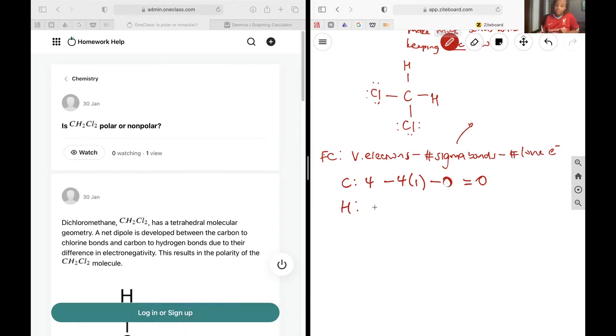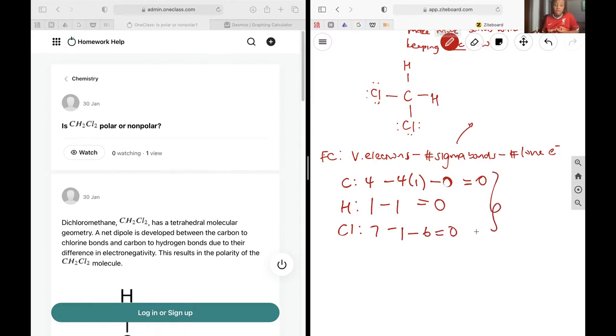For hydrogen, let's just do the same thing. For each of them, they all have 1 valence electron and are contributing 1 valence electron to the bond that they're making with the carbon, giving me another formal charge of 0. And lastly, on the chlorine, I have 7 valence electrons, minus they both have 1 bond, so 1 electron contributed to the sigma bond with carbon, and they both have 6 lone electrons, giving me a formal charge of 0.